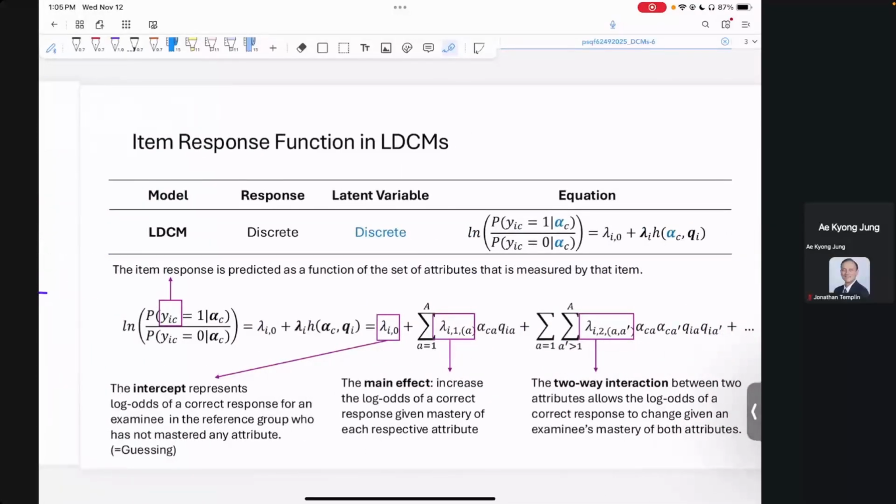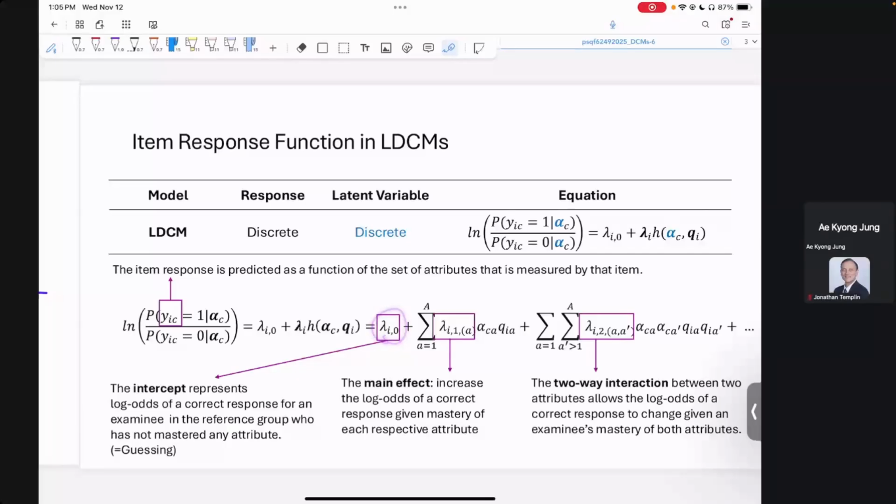This is the specific item response function of the LCDM. We take the logit of the responses, and it's composed of this intercept and this part. And let's see what this means in detail.